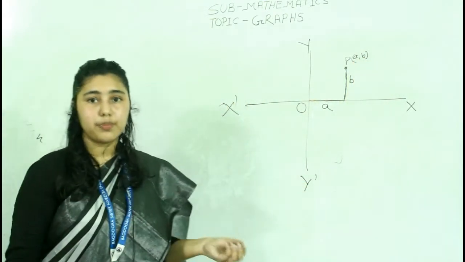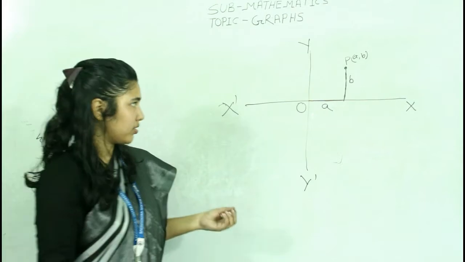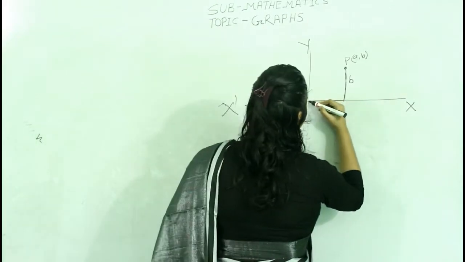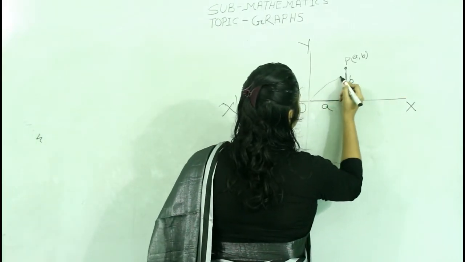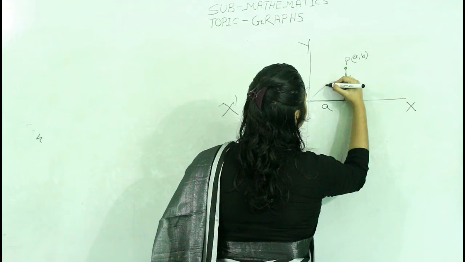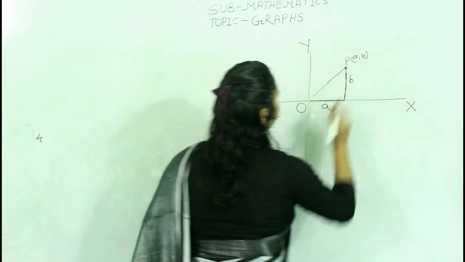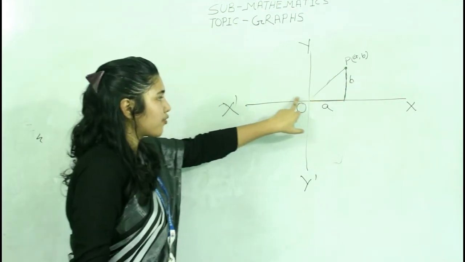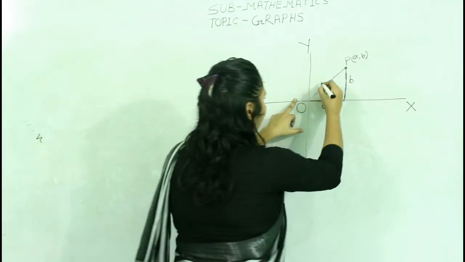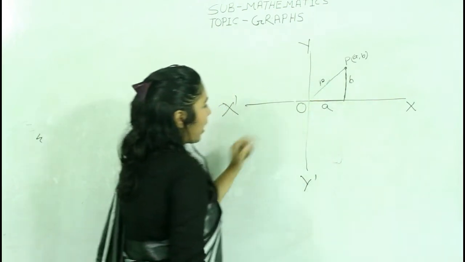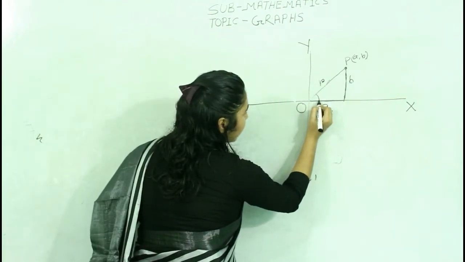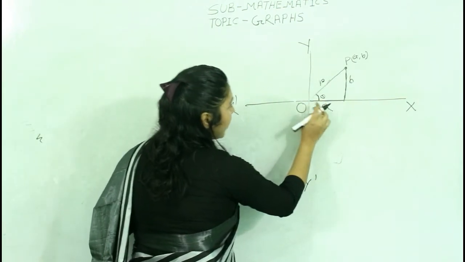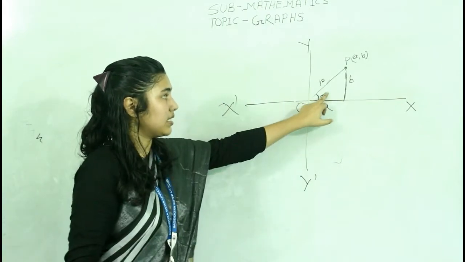Now what are polar coordinates of a point? Suppose this distance of the point P from the origin is r and this angle from the x-axis is theta.